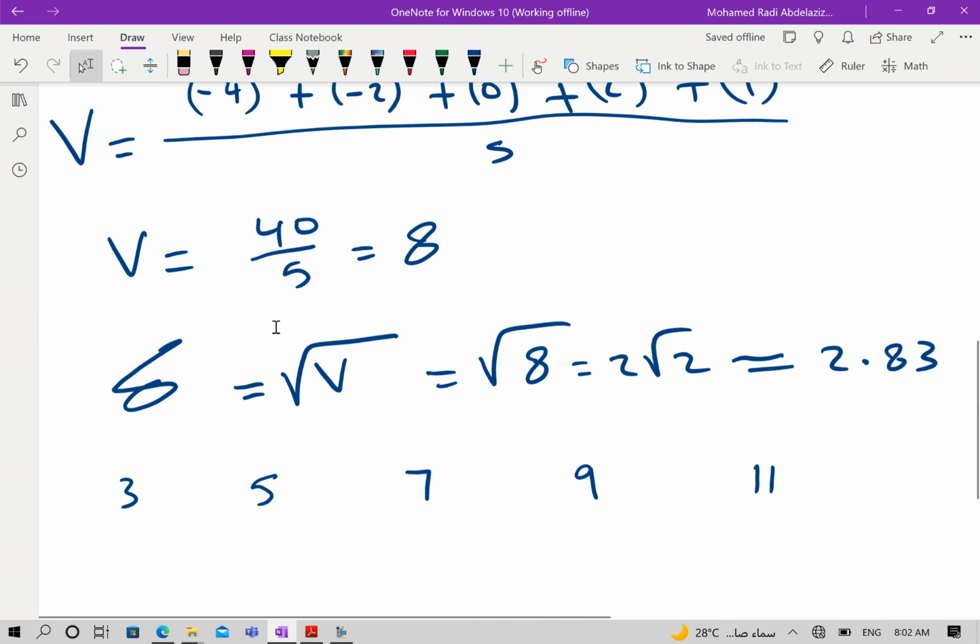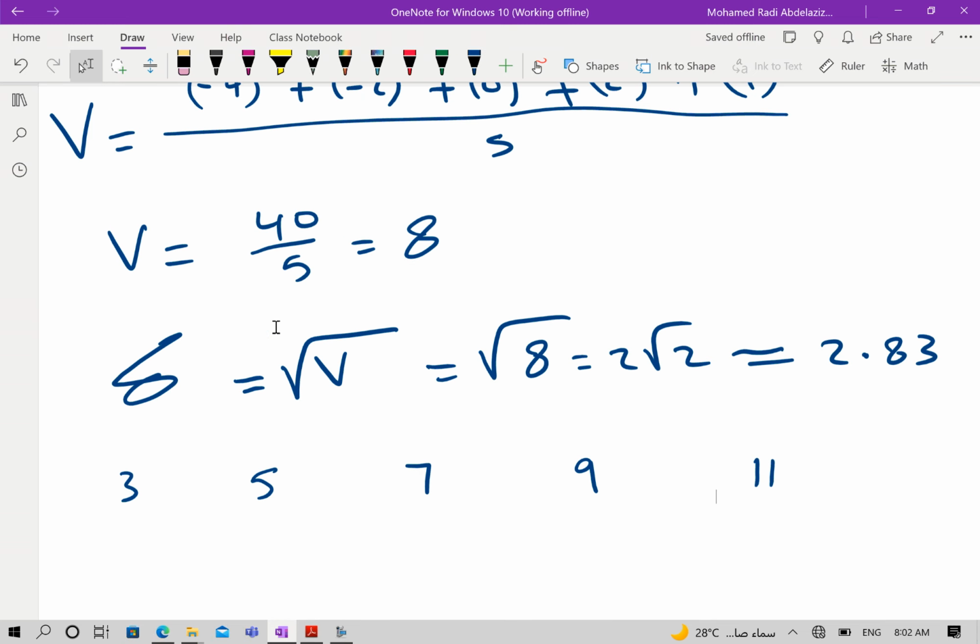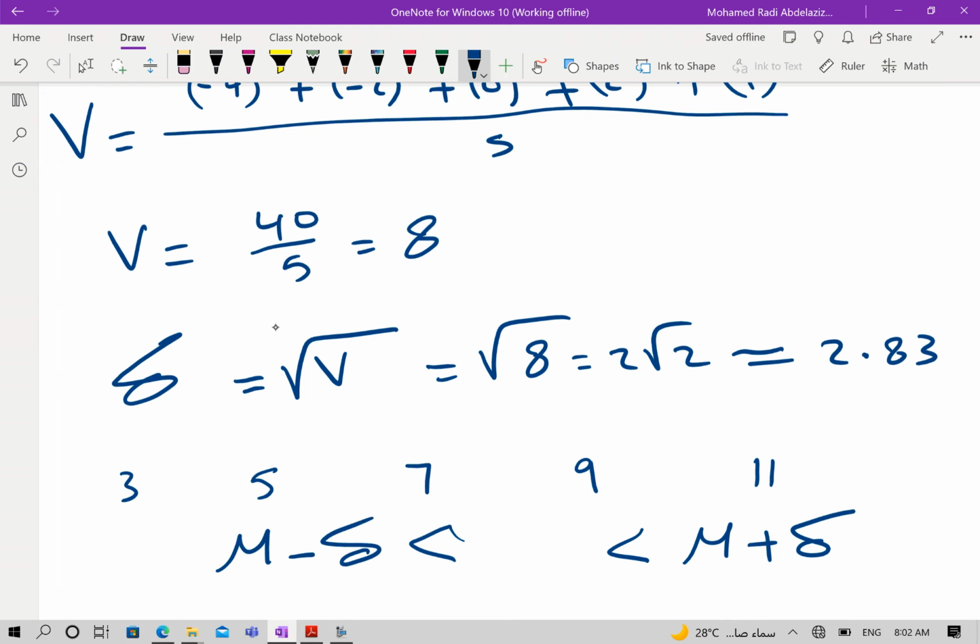Now we'll try to get a range between mu plus 1 standard deviation and mu minus 1 standard deviation. You will get most of the data in this range, around 66%, approximately 2/3 of the data.